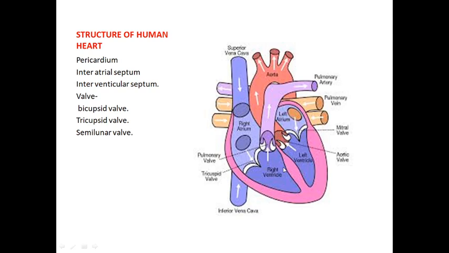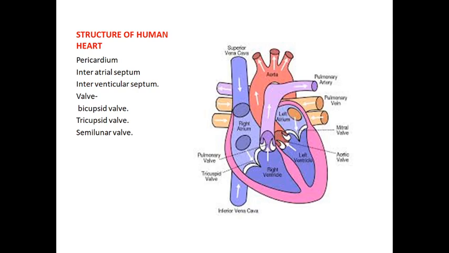Next are the ventricles. The right ventricle and the left ventricle are separated by the interventricular septum. When compared to the auricle, the ventricle walls are very thick because they pump the blood to different parts of the body.